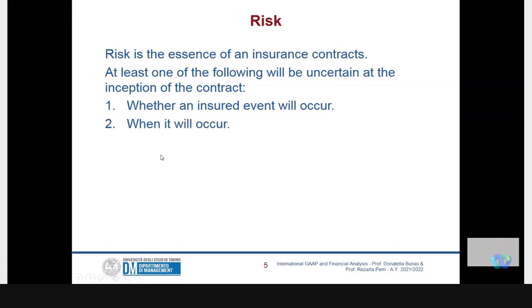When it will occur, if it will happen, we don't know the time it will happen in the future. And the third thing is that we don't know how much the insurer will need to pay. The car damage may be low or may be large, depending on the accident that will happen, but how much the insurer will need to pay remains uncertain for the future.